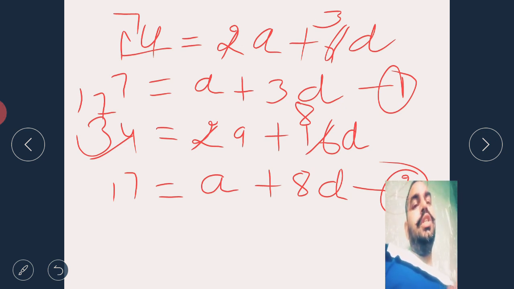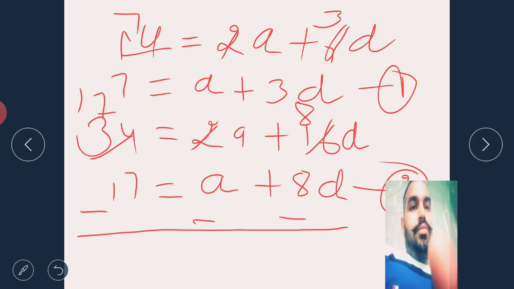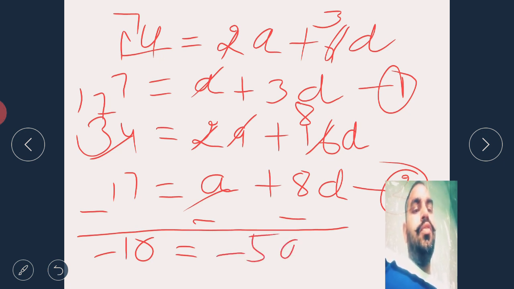There are two equations, a plus 3d is equal to 7, a plus 8d is equal to 17. Subtract these two equations. So 7 minus 17 is minus 10 here, is equal to a cancels out with a, and 3d minus 8d is equal to minus 5d.